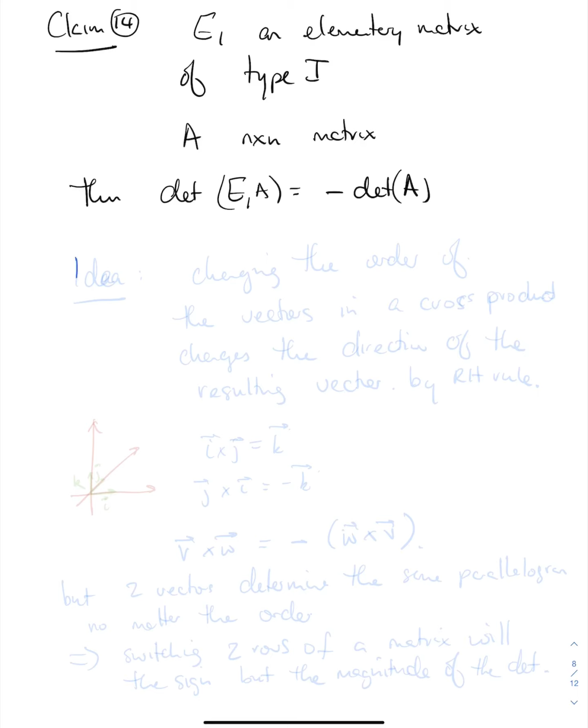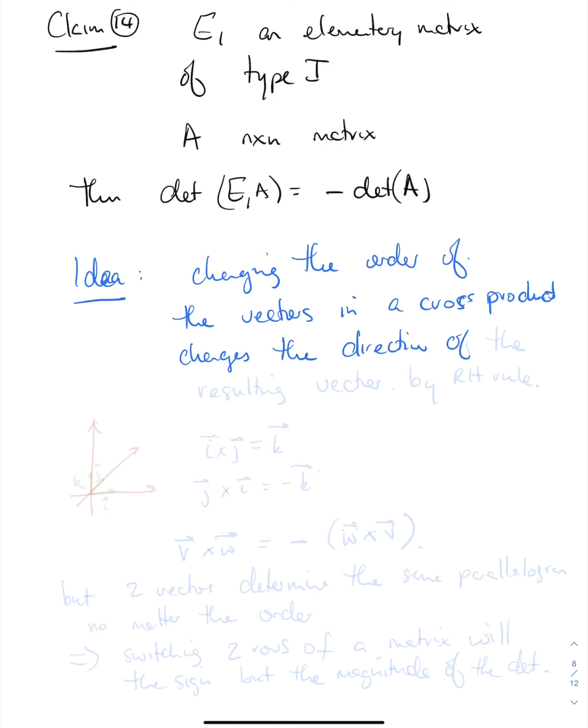Here's the idea. Changing the order of the vectors in a cross product changes the direction of the resulting vector by the right-hand rule, of course.